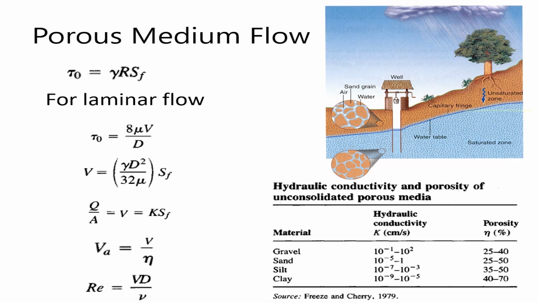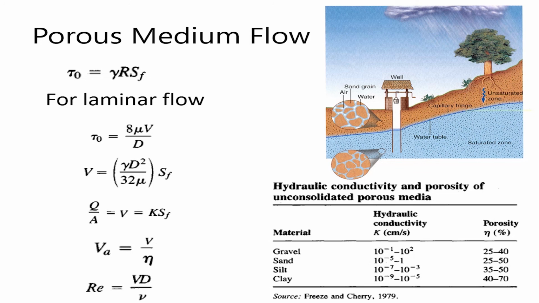Okay, so K is the permeability of that soil or sand, and SF is the frictional slope, which is called the water table slope. But this velocity is the gross velocity.